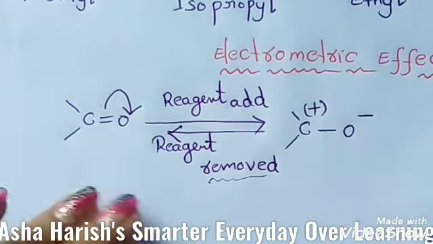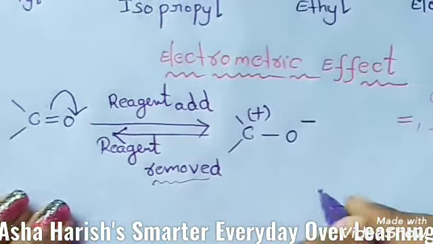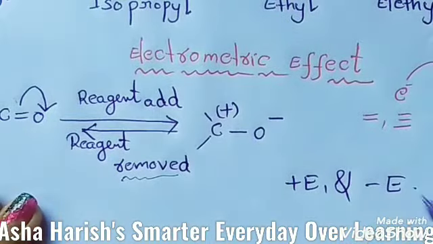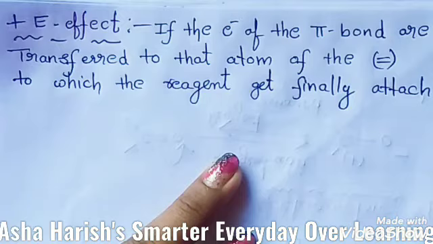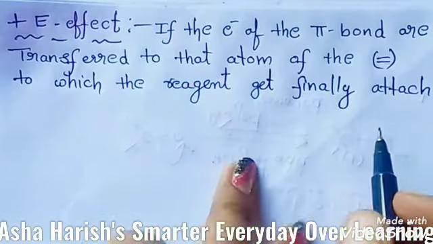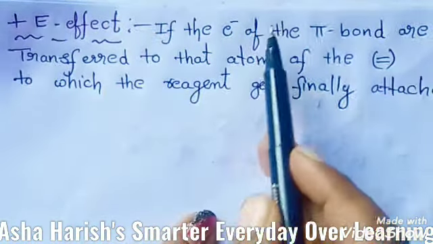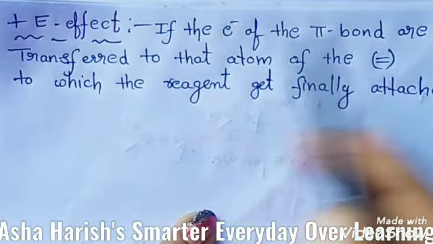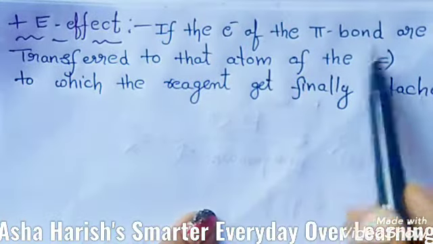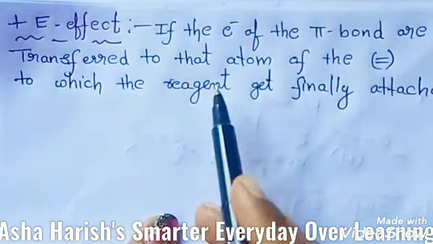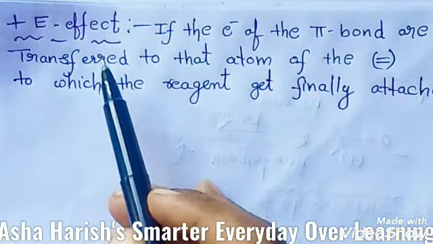Electromeric effect is of two types, as I told you, that should be plus E effect and minus E effect. Plus E effect, the first one is plus electromeric effect. If the electrons of the pi bond are transferred to that atom of the double bond to which the reagent gets finally attached, the effect is called as plus E effect.